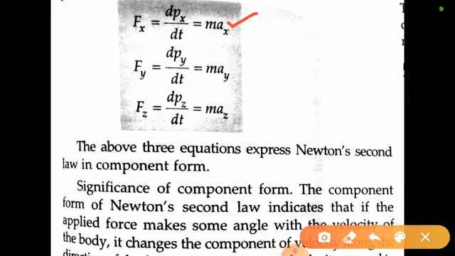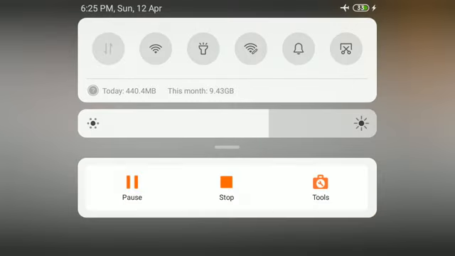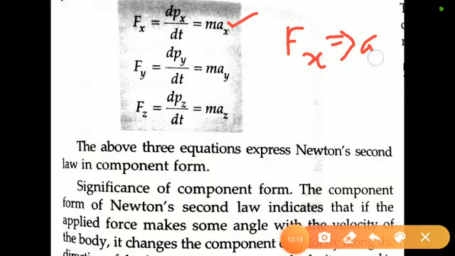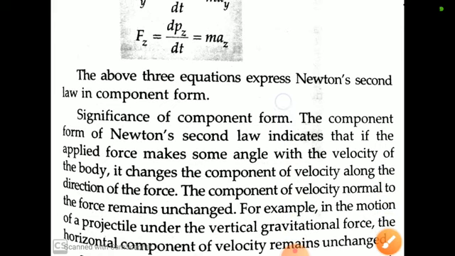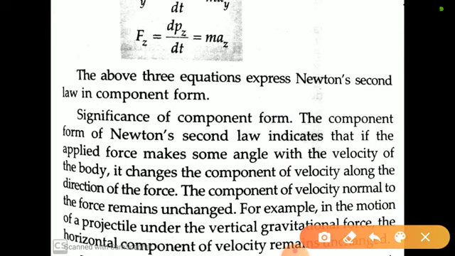You can conclude from here that if you apply a force along the x-axis, then the object will move along the x-axis. This is the significance of this equation. Now one question arises: what is the use of resolving a quantity into components? Suppose, dear students, you have a force along the x-axis and a velocity at an angle theta.